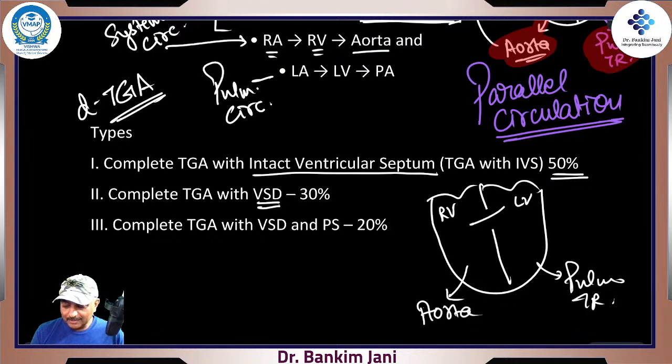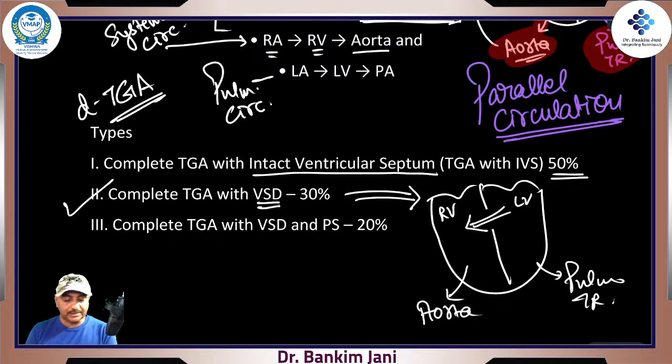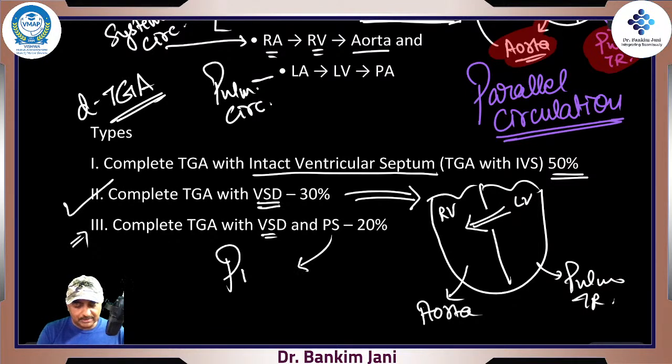But due to VSD, some oxygen is available, correct? This is that situation. Complete TGA with VSD. And the third one is complete TGA with VSD, ventricular septal defect and pulmonary stenosis, right? This is pulmonary stenosis.